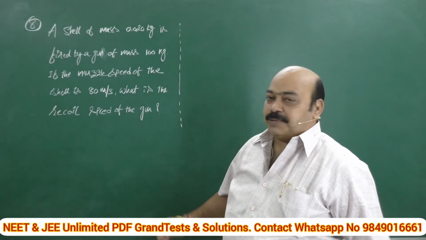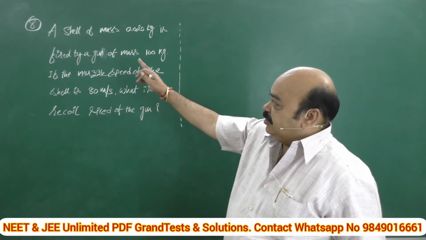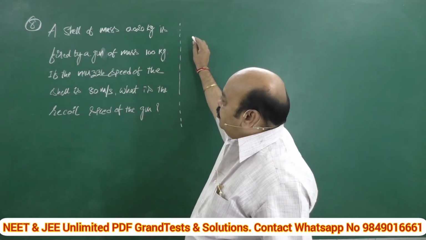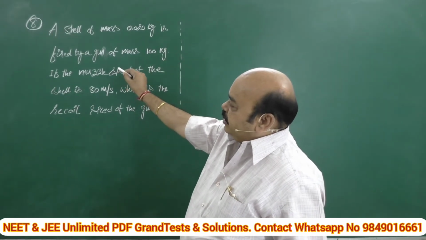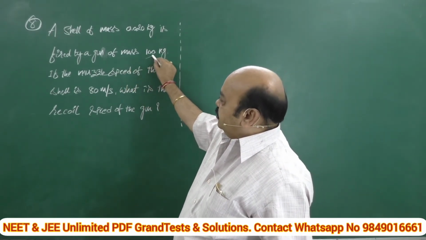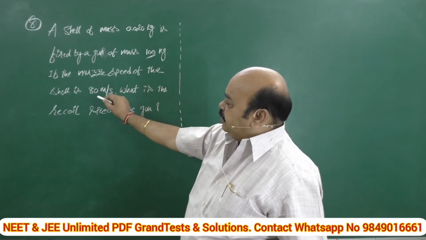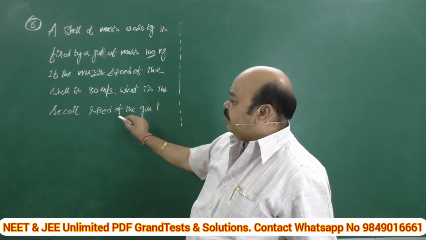Consider one more example based on the law of conservation of momentum. See this problem. A shell of mass 0.02 kg is fired by a gun of mass 100 kg. If the muzzle speed of the shell is 80 meter per second, what is the recoil speed of the gun?